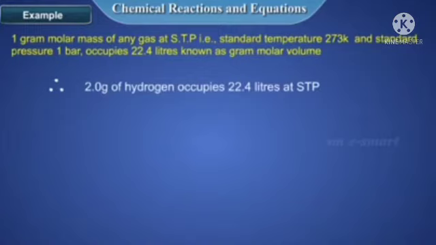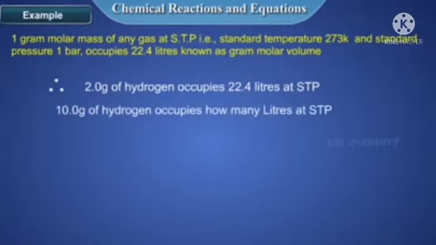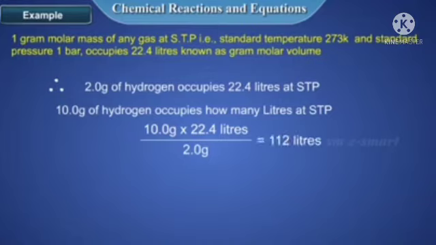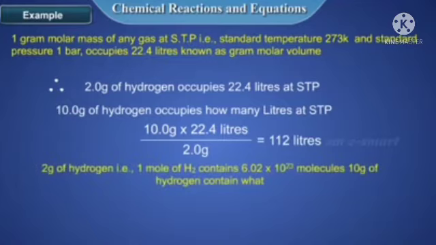Here 2 grams of hydrogen occupies 22.4 liters at STP. Now we want 10 grams of hydrogen occupies how many liters at STP? Here 10 grams of hydrogen required, volume is 22.4 liters divided by 2 grams of hydrogen, that equals 2 and 10 cancel, that is 5 into 22.4 liters, again 112 liters.